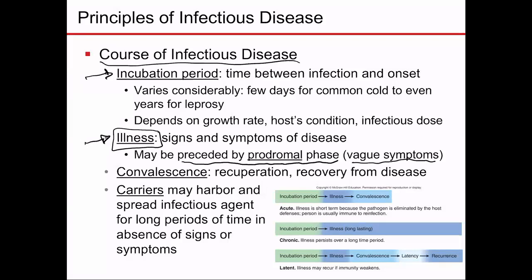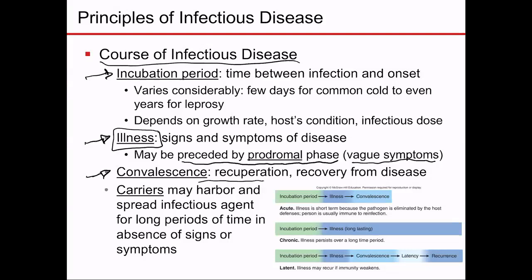For example, malaise, that feeling of discomfort, is a typical prodromal phase. Now, after that illness phase, the person may recover, convalescence, the process of recovering from that disease, or maybe the person could die as a result of that infection.